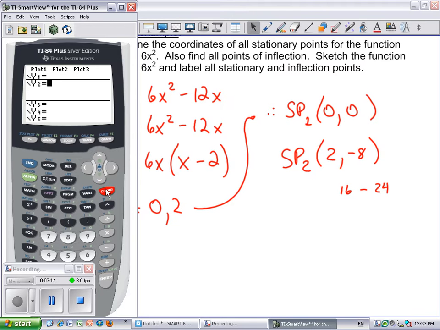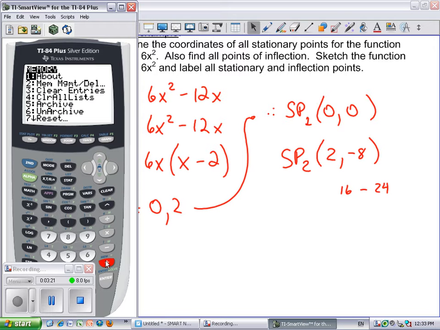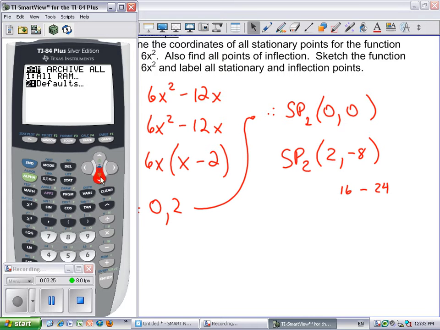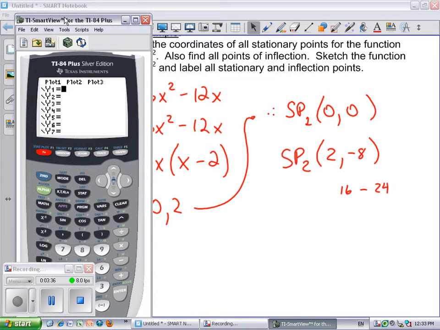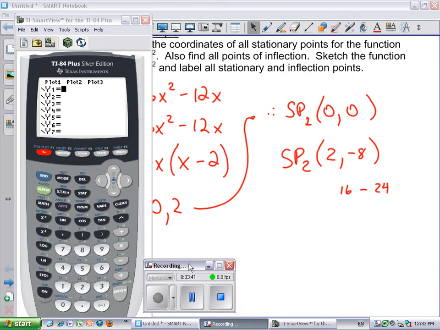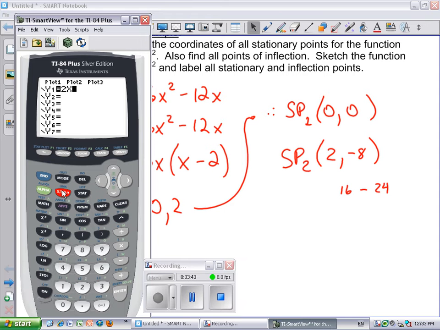Just going to reset my defaults. Second function, memory, reset defaults, number 7, reset defaults, enter. Yes. All right, we're ready. So, 2x cubed minus 6x squared.